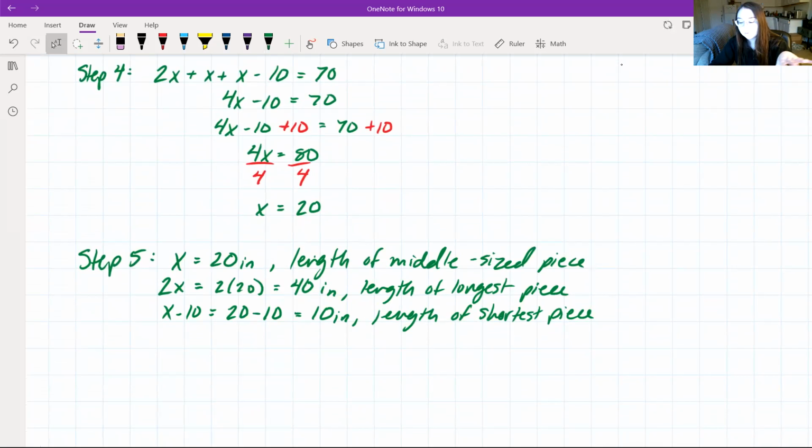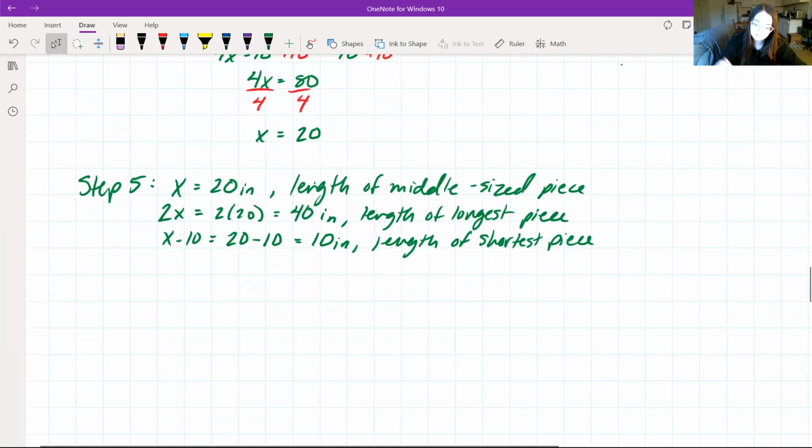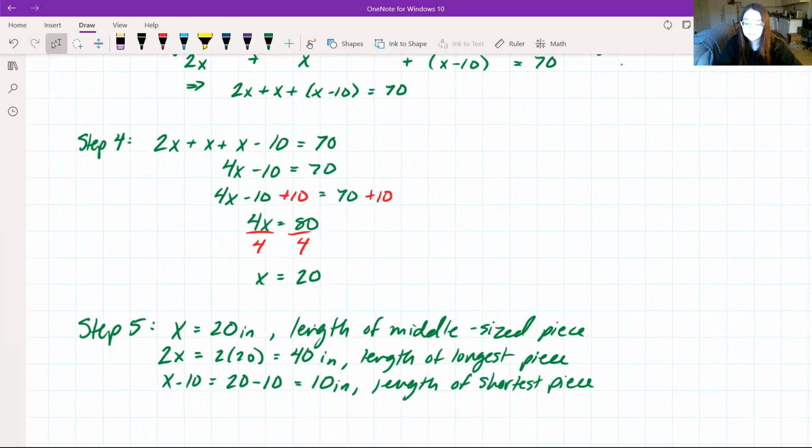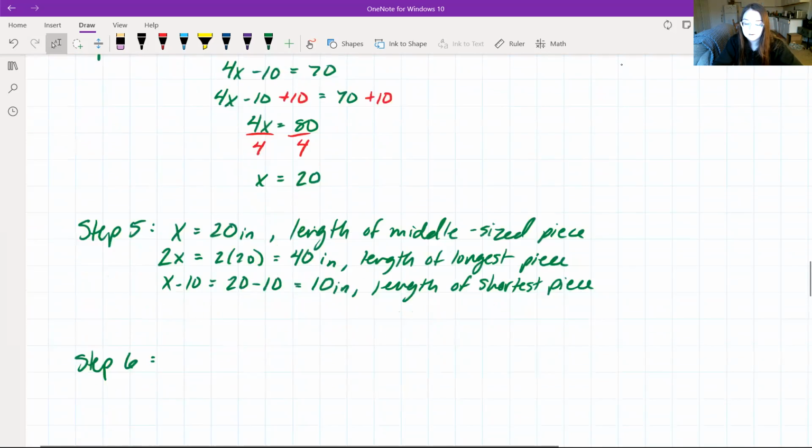We know the length of each of our pieces, but we just want to check, step 6. So we want to plug in all of these values in our original equation, which was 2x plus x plus x minus 10.